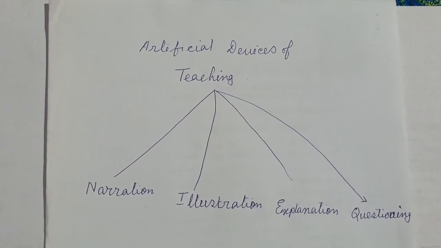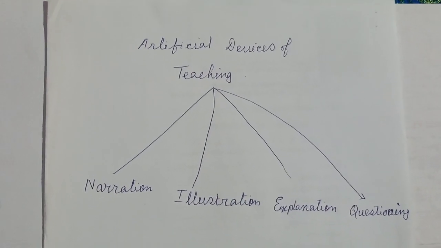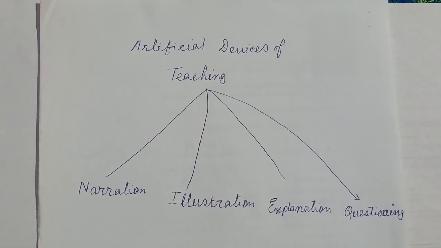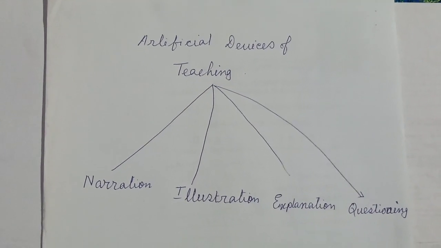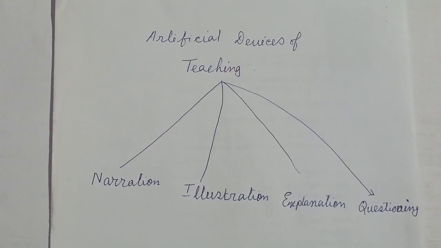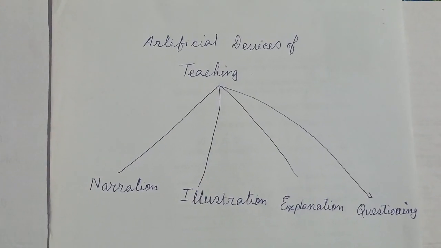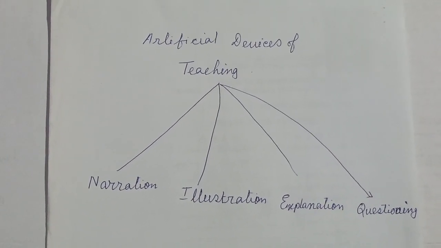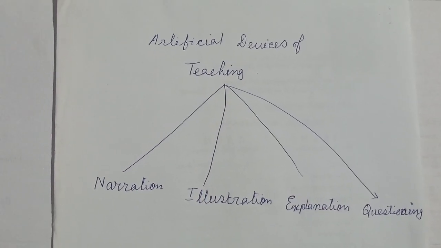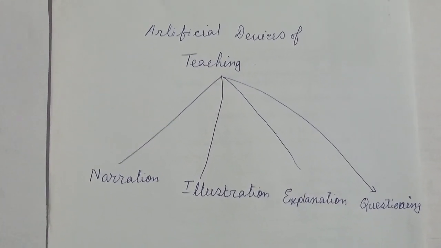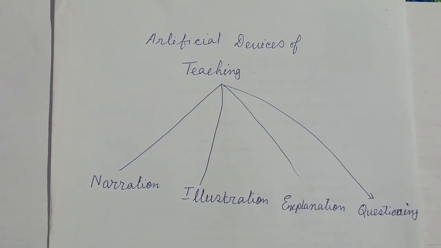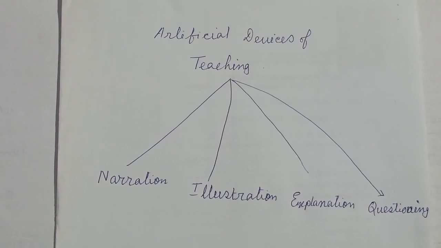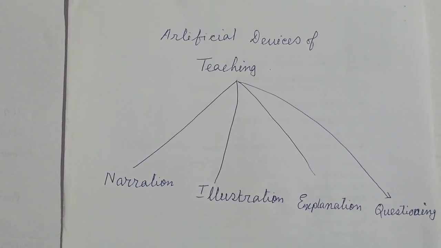Explanation is also a kind of narration, but here we use both. Sometimes oral discussion, and sometimes the same discussion is done with the help of teaching aids. It means that while we explain a certain poem or story or any other topic from social science or other subject, from time to time we can take the help of teaching aids.